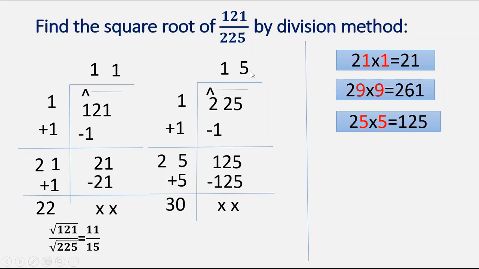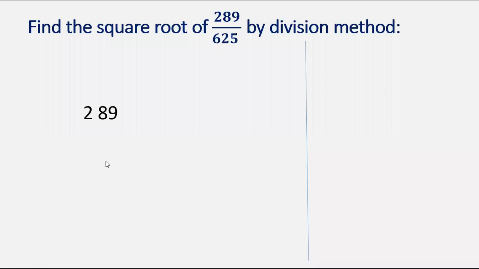Now, in the same way, you can solve this question also. This is 289 over 625. Okay, first you have the numerator 289, right? So we have to make the pair of 89 and there will be a cap on 2.